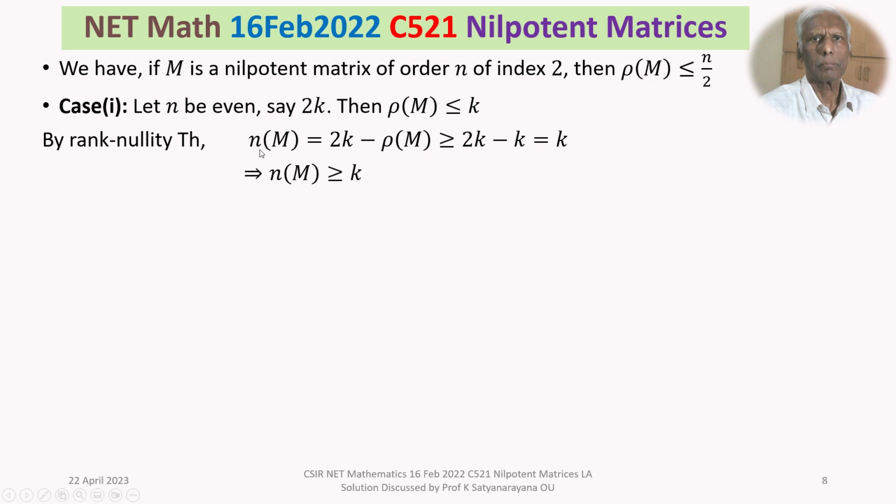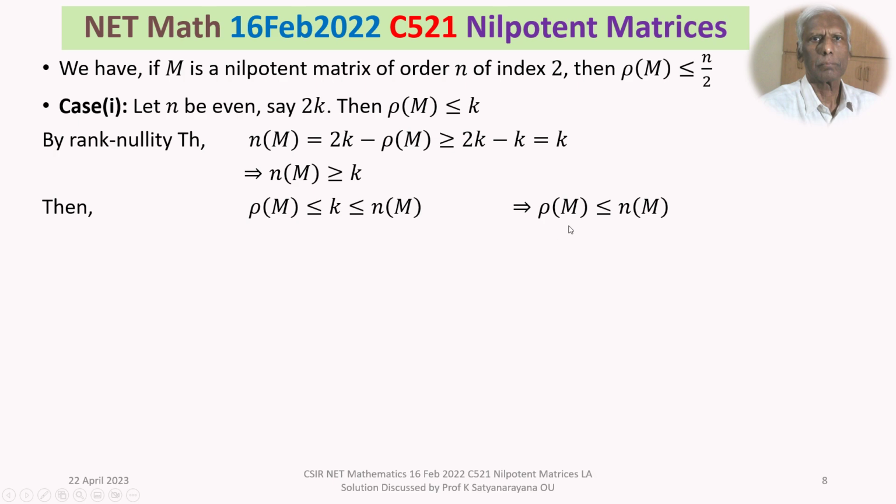This means the nullity of M is greater than or equal to k. Then rank of M is less than or equal to k, but k is less than or equal to nullity of M from the above. So, combining these two, rank of M is less than or equal to the nullity of M.